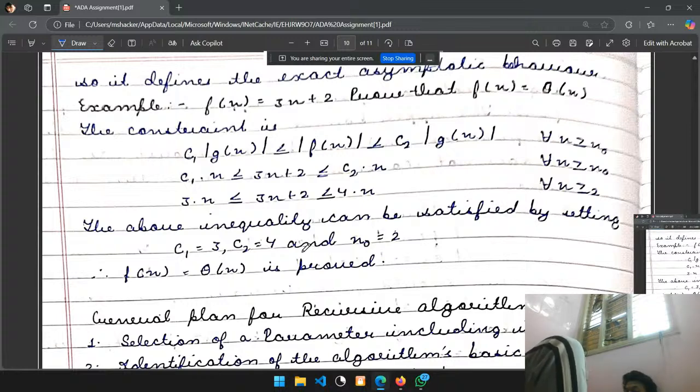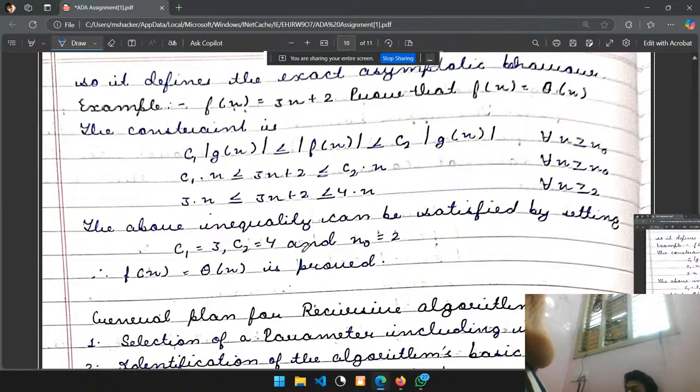Setting c1 equal to something, c2 equal to something, and n naught equal to 2 and not constant.